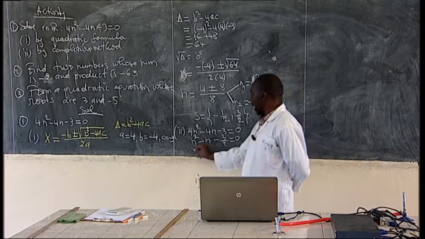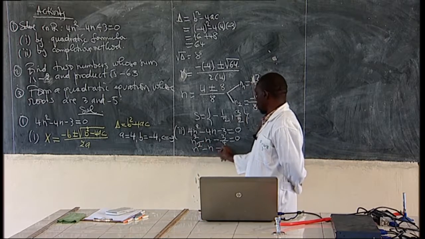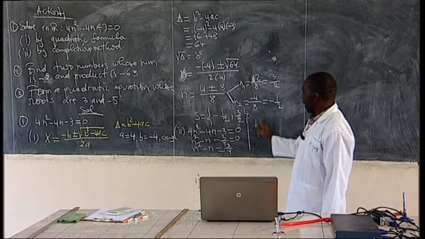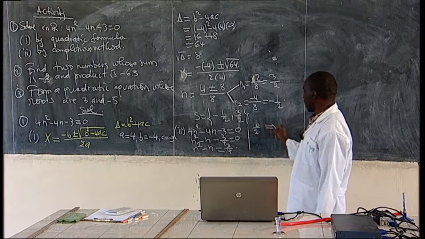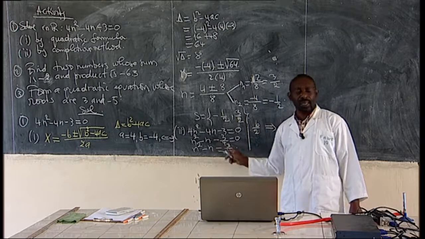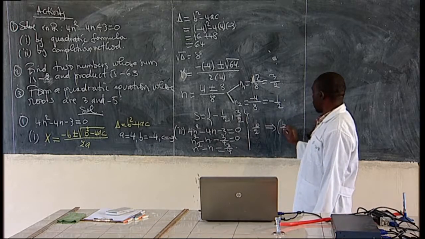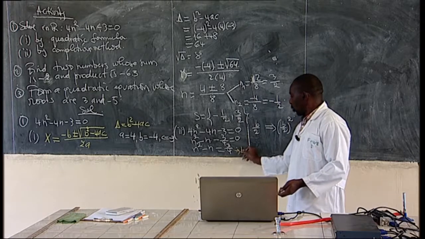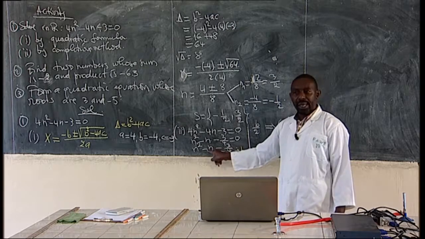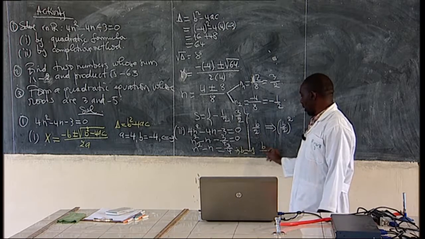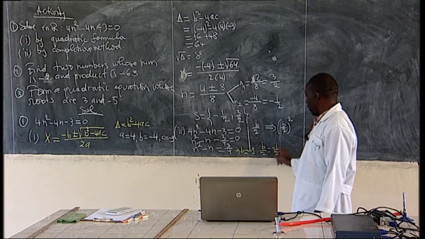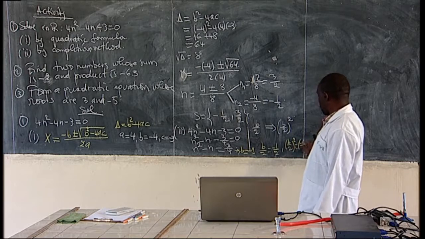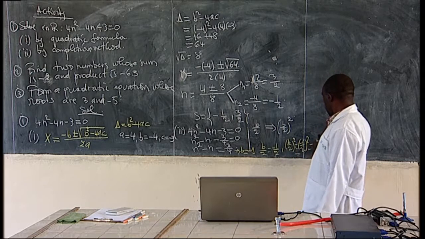Moving this to the right-hand side, I get n squared minus n equals 3 divided by 4. I need b divided by 2, so that the number to be added to the left and the right-hand side is b divided by 2 squared. Here b is equal to -1, the coefficient of n. So b divided by 2 is -1/2, and b divided by 2 squared is -1/2 squared, which is equal to 1/4.